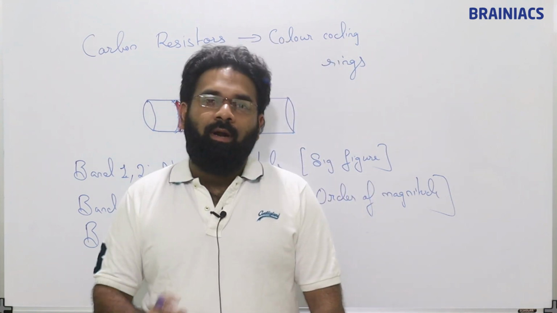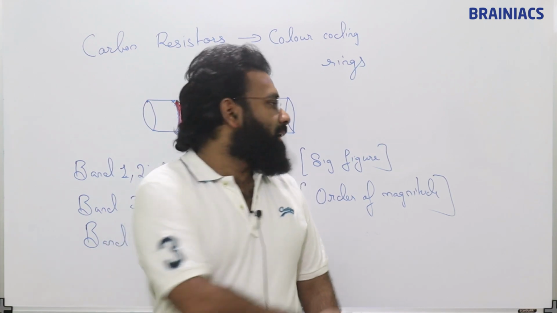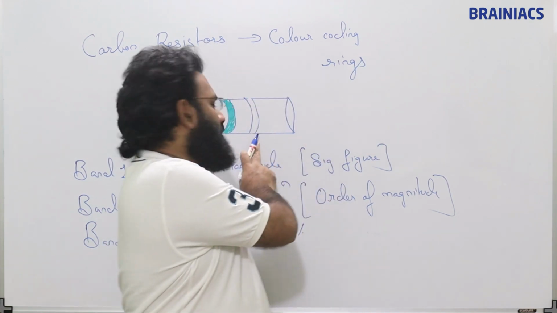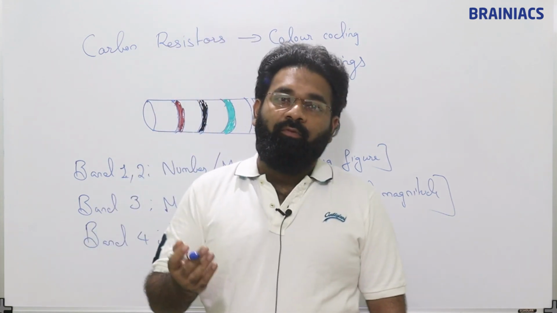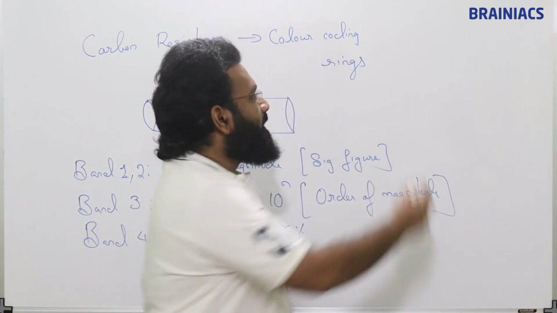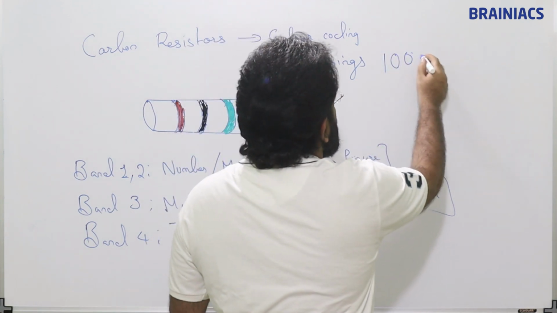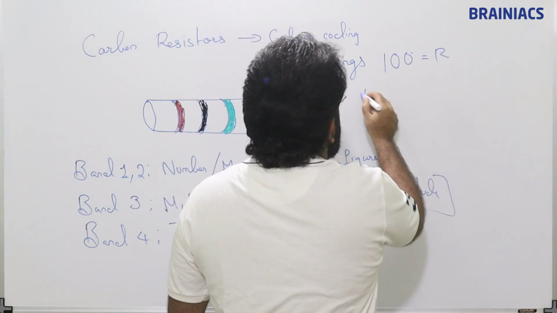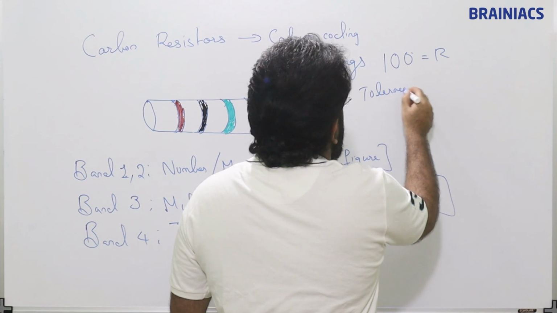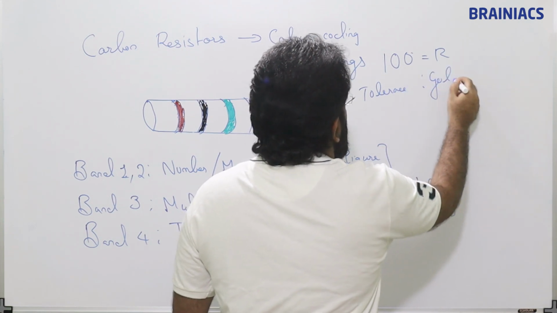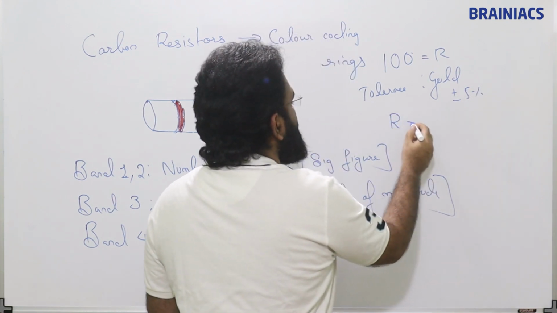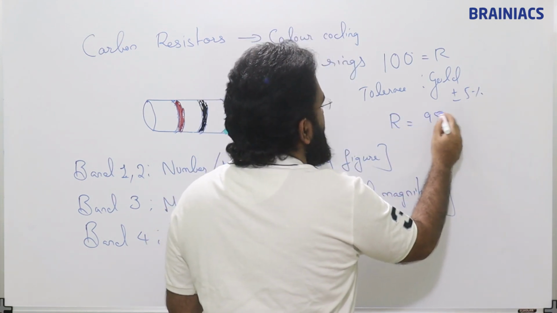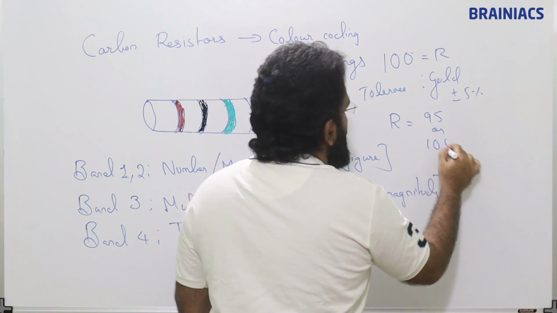Say for example 100 we have measured. If the last value is gold, then it may be 105 or 95. If the measured resistance is 100 and the tolerance is gold, plus or minus 5%, then the real resistance value will be either 95 or 105.